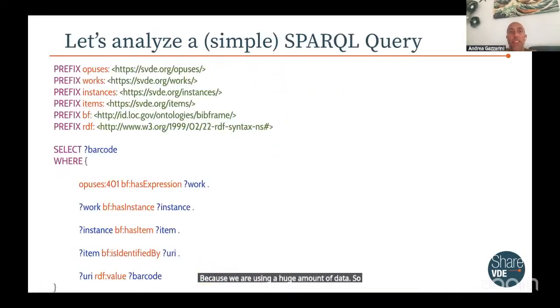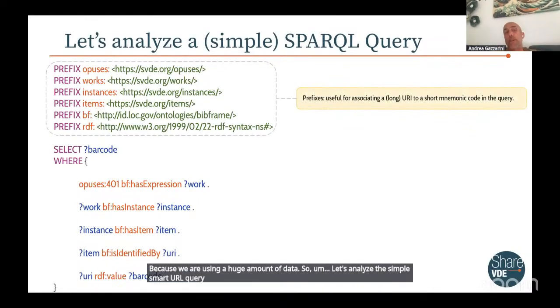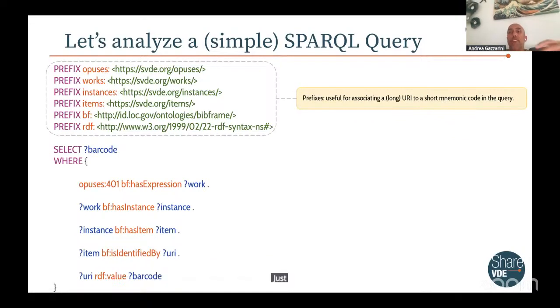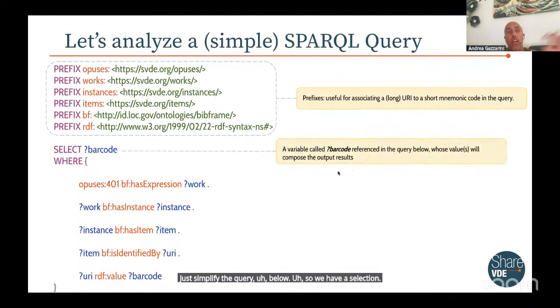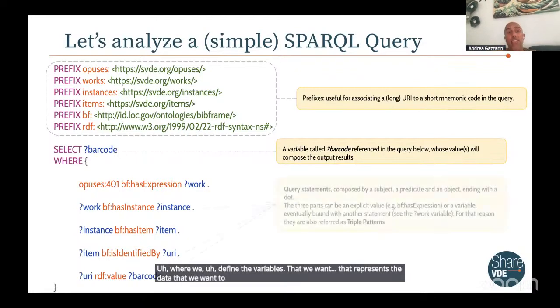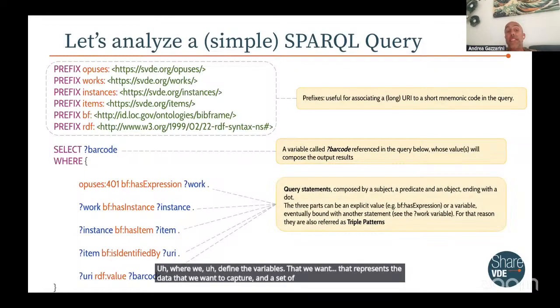So let's analyze a simple SparkQL query. We have a first part which is used just to simplify the query below. Then we have a selection where we define the variables that represent the data that we want to capture, and a set of query statements in terms of triples that represent the selection criteria.